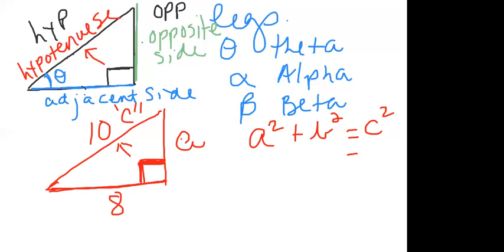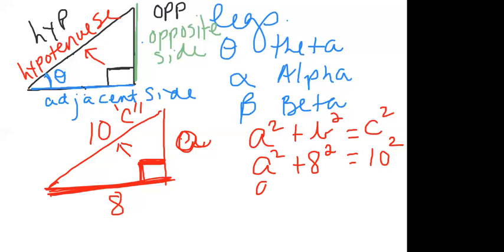Let's substitute the 10 in for C, okay? And now we're going to plug in the information for the other two sides. This one, I'm calling it A, it's missing, so we'll fill that in there. But this side right here has a length of 8 units, so we're going to plug in 8 for B and square it.